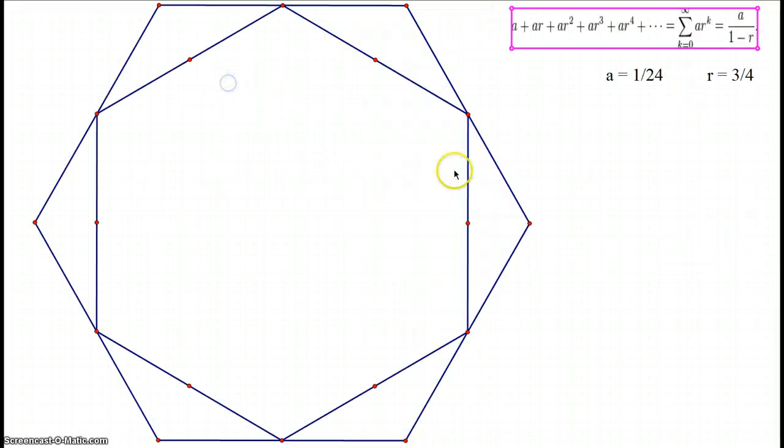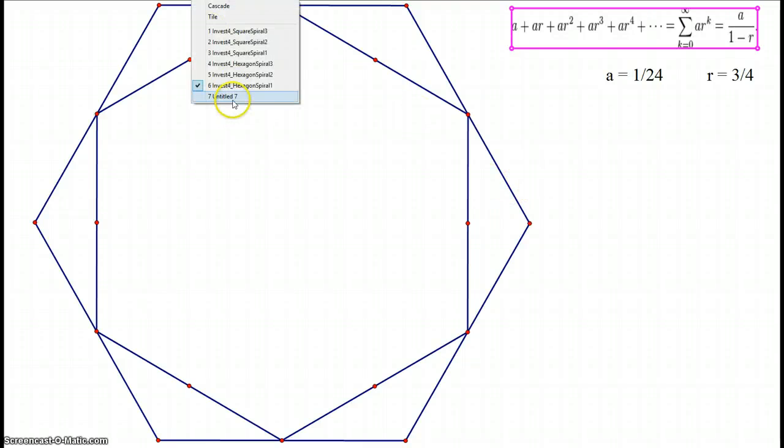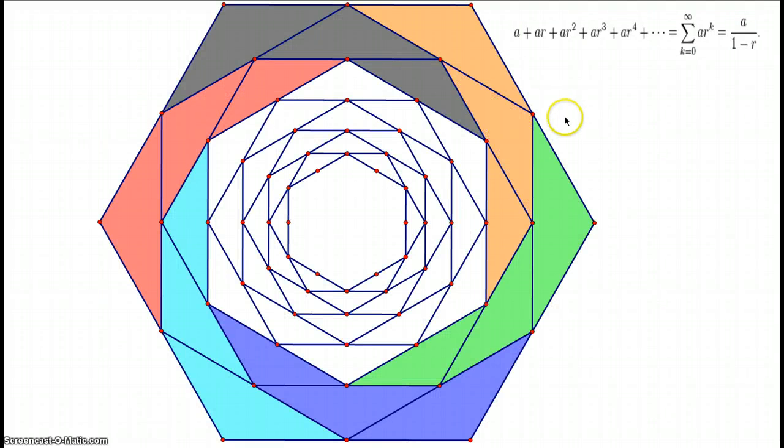So we know that this shape is going to be 1/24 of 3/4. So that's where our R value comes in. And as soon as we go down a stage, it will be 1/24 of the 3/4 of the 3/4, and so that's where we get the squared term.